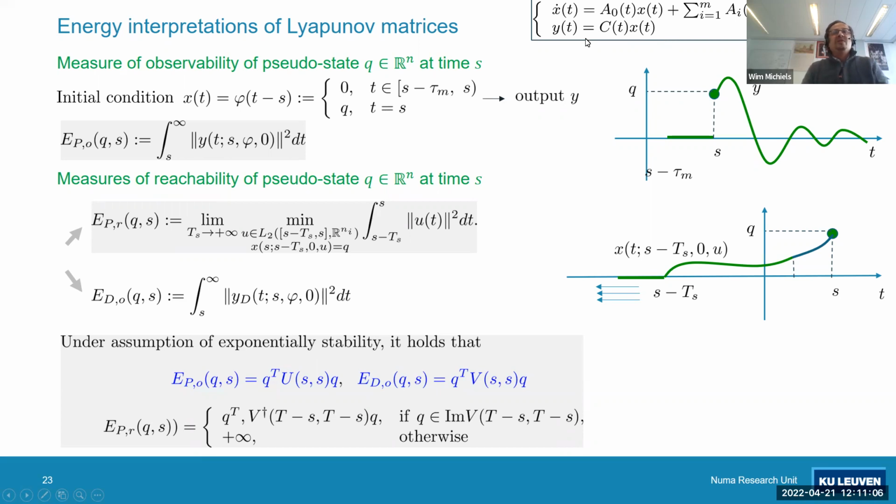You want to define a new black box with a new input, a new output, and the input-output map should be quite similar. And here we are interested in preserving structure. So I want the reduced model to have the same structure, has also delays, has also periodicity.